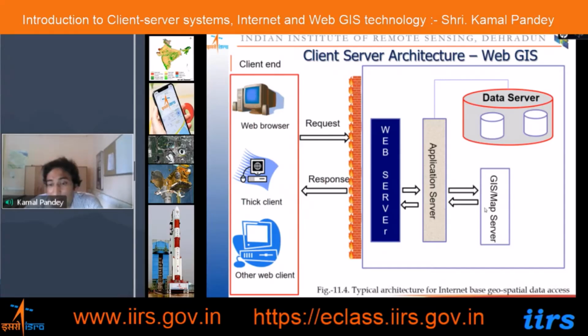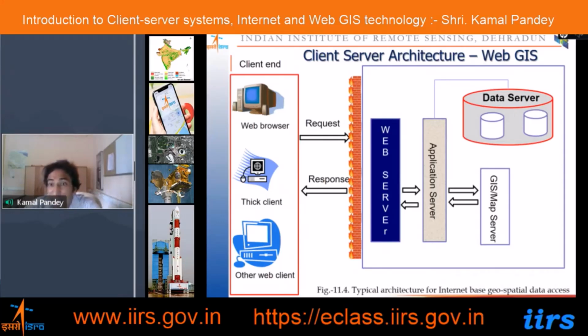Now what will this GIS server do? It will handle all my GIS related requests from the client. Client is making some requests related to maps. Those map requests will be handled by this GIS server. This GIS server can interact with the database server also, because sometimes the data is kept in a database in order to increase the performance and the security of the data.